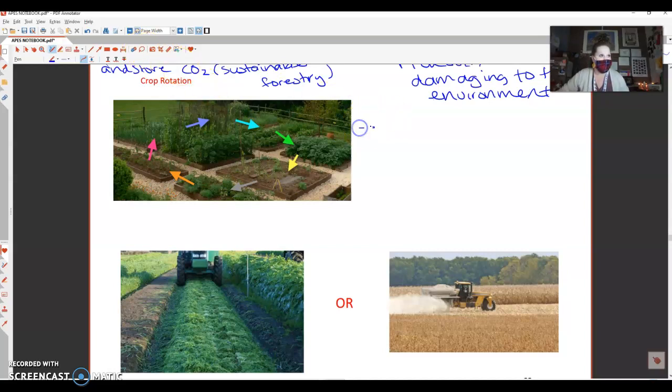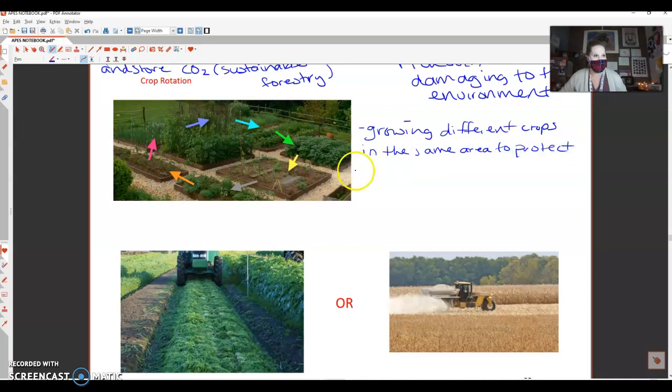So we are growing different crops in the same area to protect from desertification.